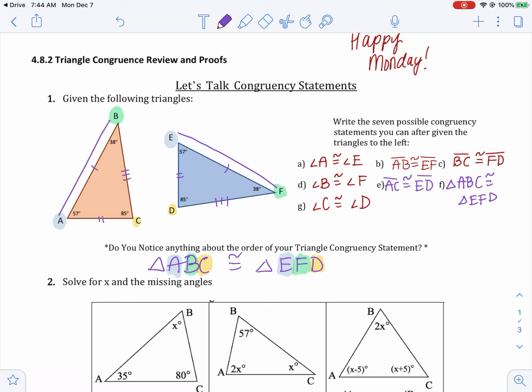I'm sorry, EF. So that's why we have AB here, EF here. Just looking at the triangle congruency statements alone gives us so much information about what pieces of those triangles are congruent. Okay?